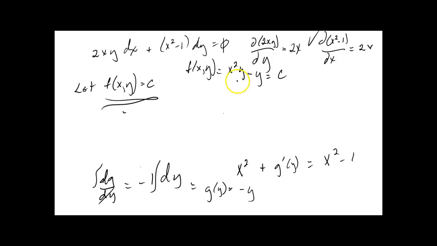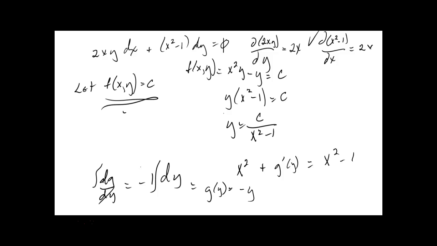Now, factor out the y, and that gives you x squared minus 1 equals C, so your solution is y is equal to C over x squared minus 1. And that is pretty easy to see. Now, the key here is x can't be plus or minus 1.